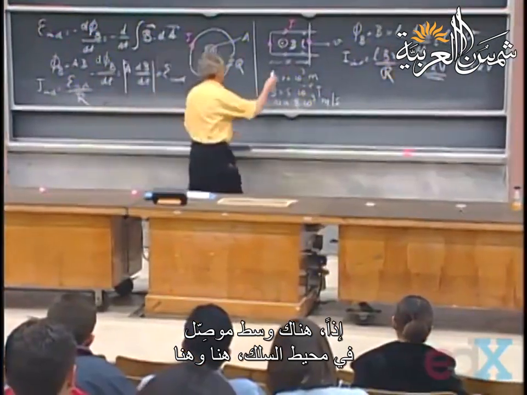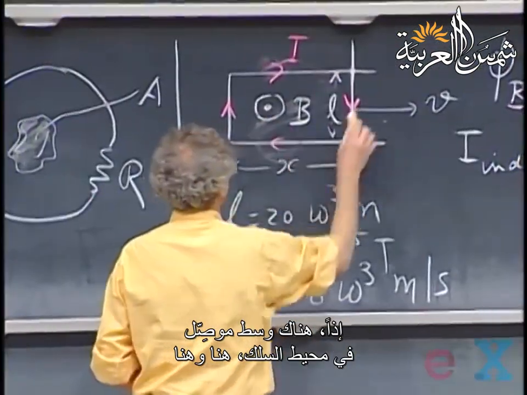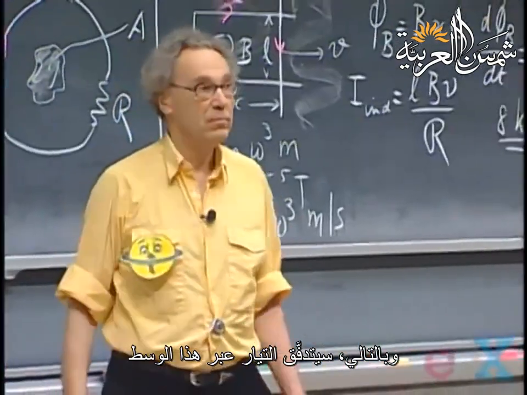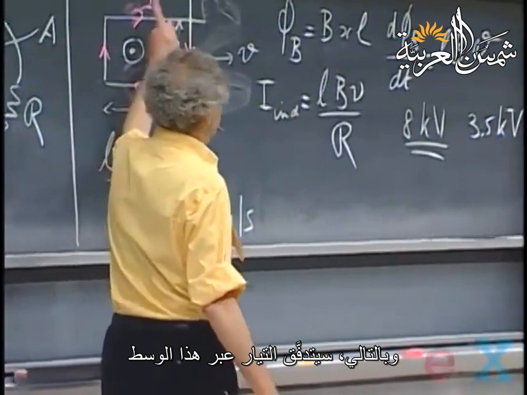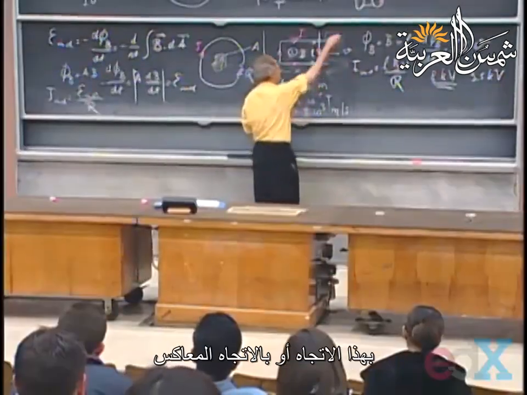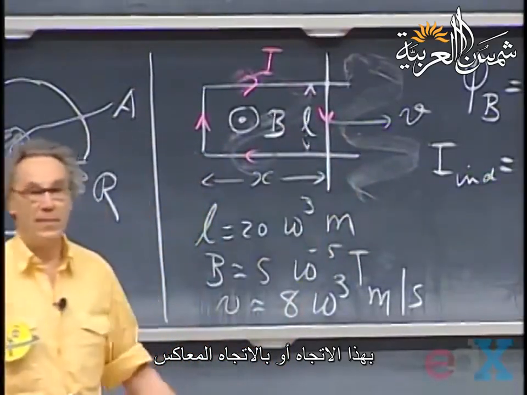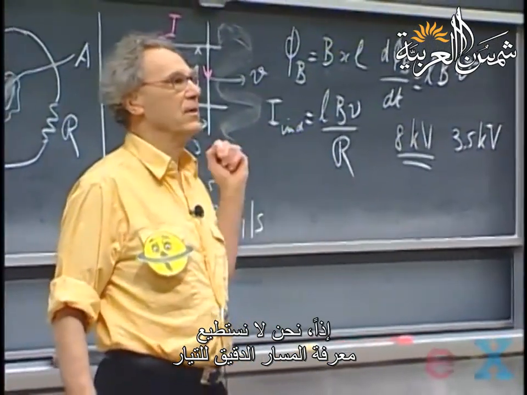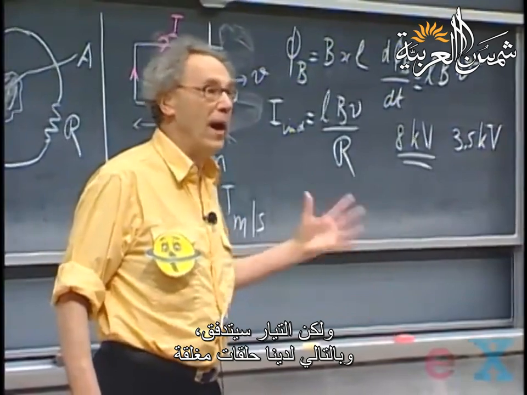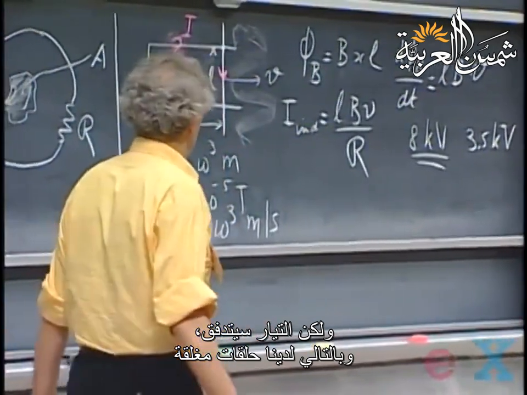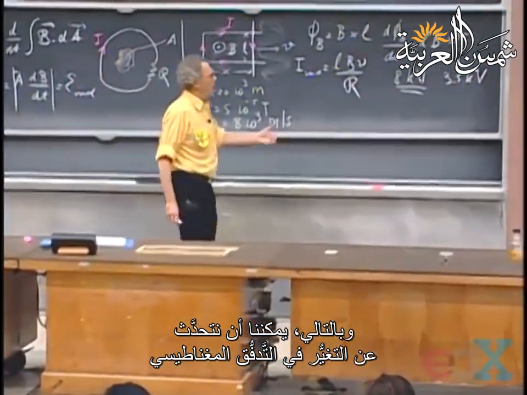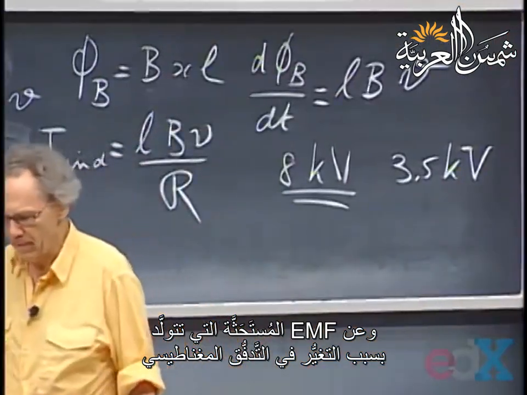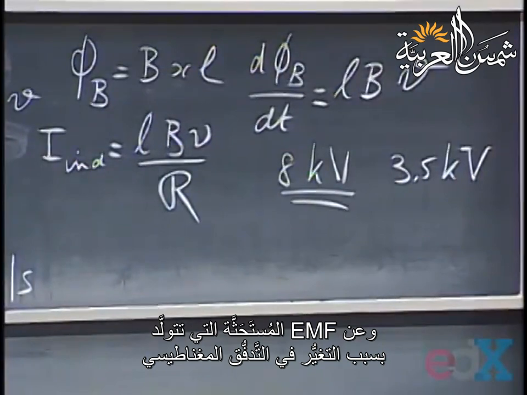And so, in the surrounding of this wire, here and here, you have a conducting medium. And so, currents can flow through that medium, this way or this way, and that's exactly what will happen. So that you don't know precisely the path currents will flow, so you do have closed loops. And so it is meaningful to talk about magnetic flux change and about the EMF, the induced EMF that is generated as a result of that.